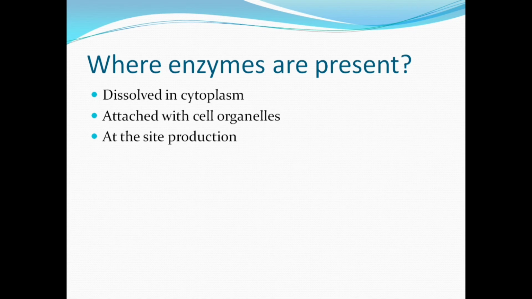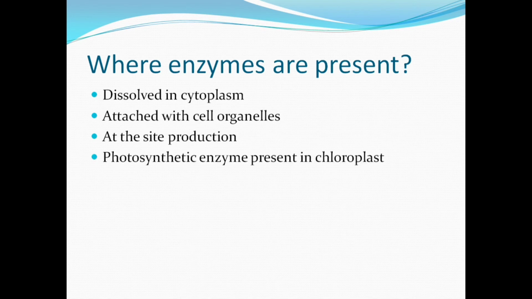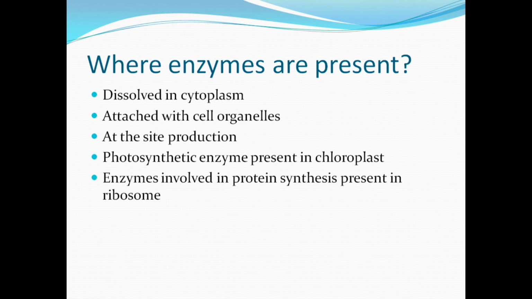Sometimes enzymes act at another site from where they are produced, but they may also act at the site where they are produced. The photosynthetic enzymes are present in the chloroplast, the enzymes involved in protein synthesis are present in the ribosomes, and the respiratory enzymes are present in the mitochondria.